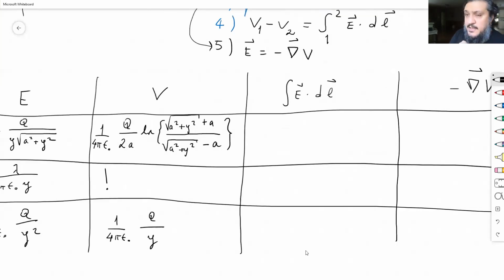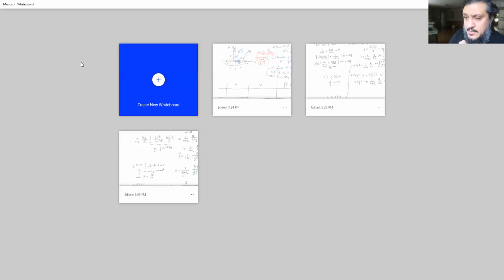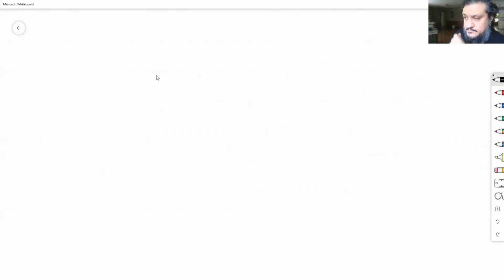E dot dl. So let's open up a new whiteboard here. V1 minus V2 is an integral from point 1 to point 2.